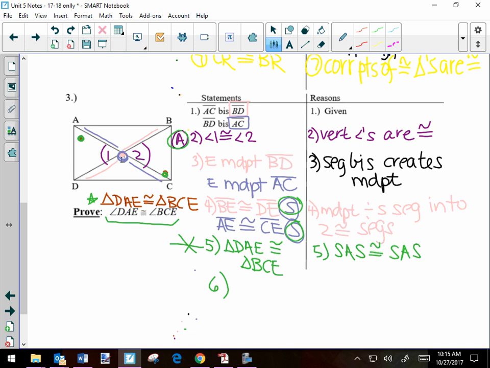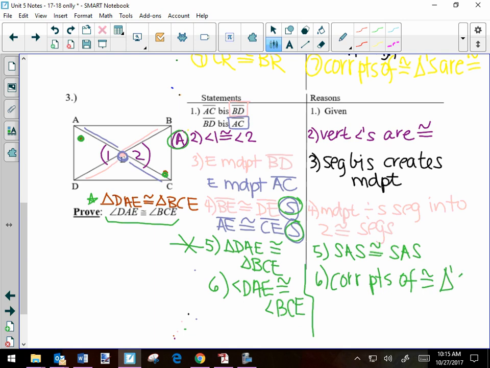So because those are angles inside the triangles, angle DAE will be congruent to angle BCE, simply because they are corresponding parts of congruent triangles. Corresponding parts of congruent triangles are congruent. Once the triangles are congruent, all of their parts are.